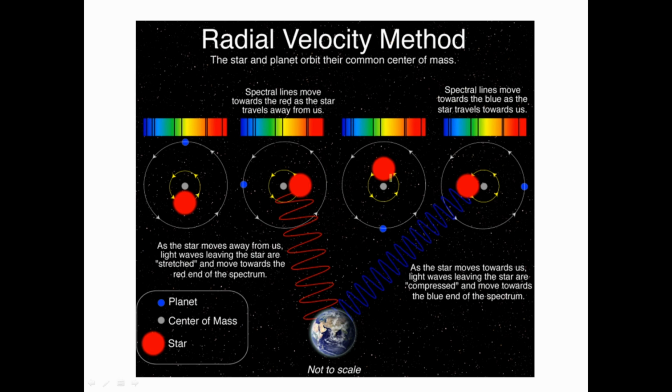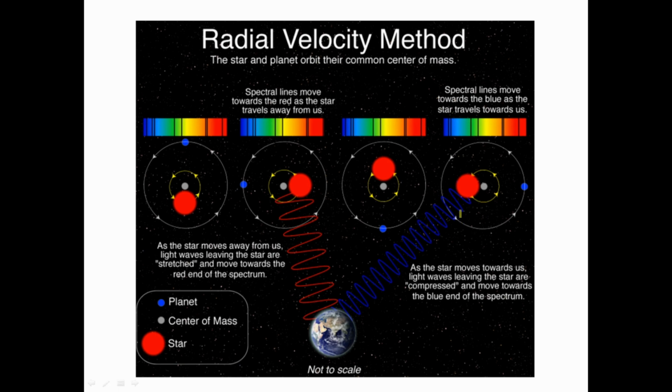Now, when the star is in this position, there will be no redshift, but then when the star starts to come back towards us, when we observe that light, it will demonstrate a blueshift. So from this change we can then work out the change in velocity, so we can work out the speed of the star around its centre of mass.